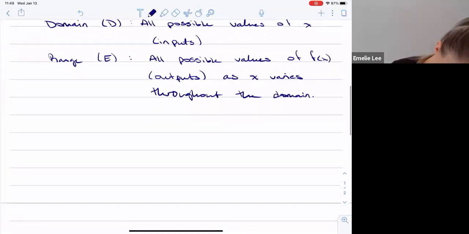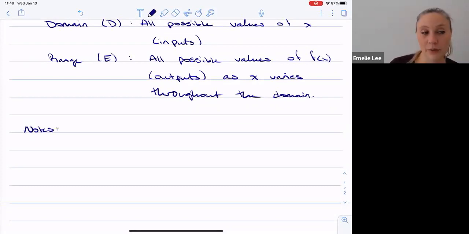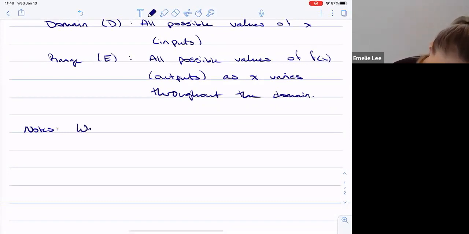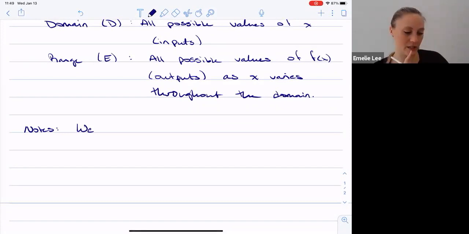So, some notes. We usually consider functions where the domain and the range are in the set of real numbers, right? Maybe with the exclusion of some illegal math.